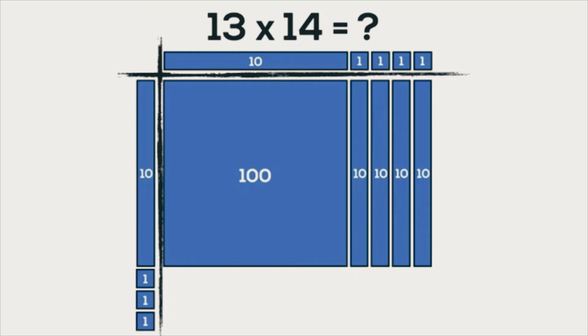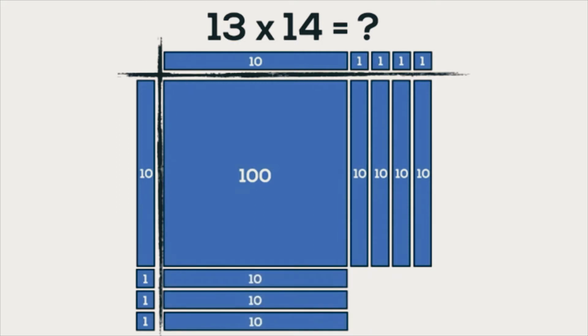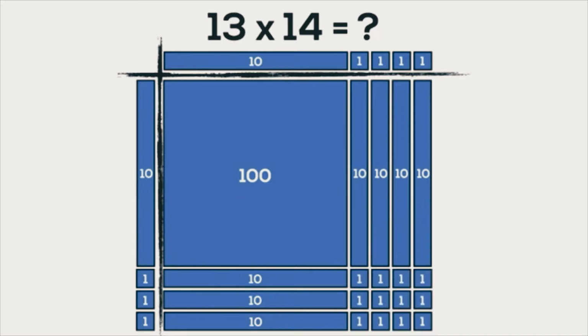Repeating the same logic for the 3 remaining units from the factor of 13, we then multiply 3 by the 10 rod to get 30, or 3 10 rods, and multiply 3 by 4 to get 12 individual units, for a final product of 182.